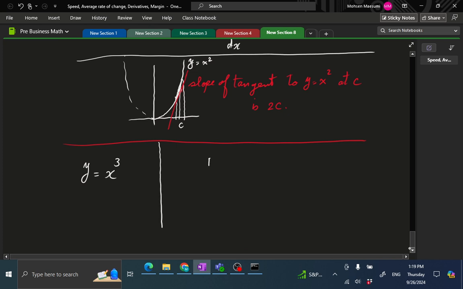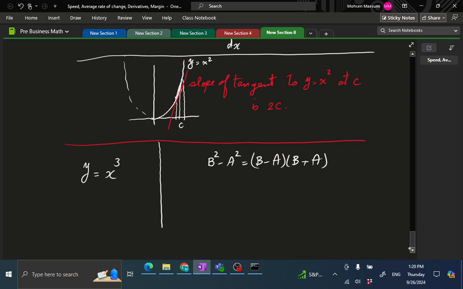We said b squared minus a squared, we practiced this a moment ago, is b minus a times b plus a. You can imagine if I am dealing with cube, then the numerator will be b cubed minus a cubed. Can I figure out how that one factors? You might have seen this in your algebra class.